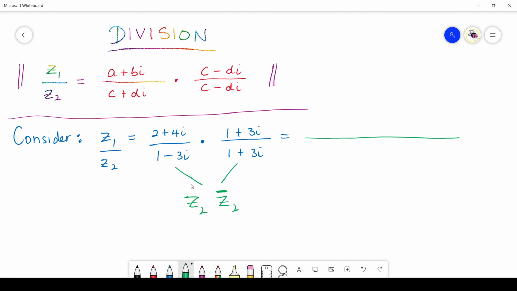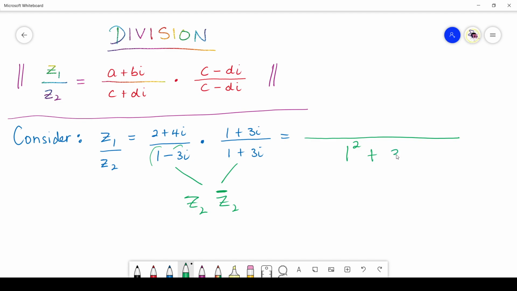Remember the rule we just did: whenever you multiply a complex number by its conjugate, all you have to do is take the real part, in this case 1, square it, and add it to the square of the imaginary part, in this case 3 or negative 3, whichever you want to use.